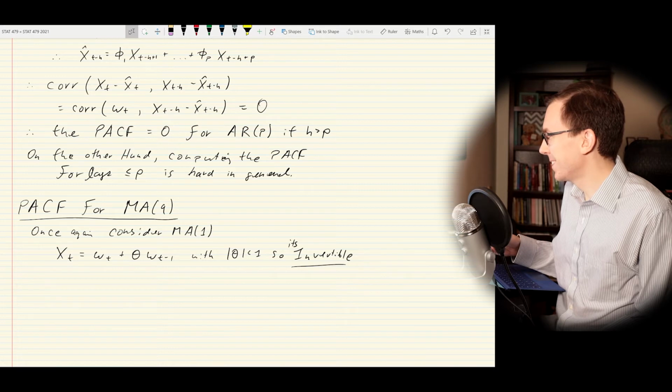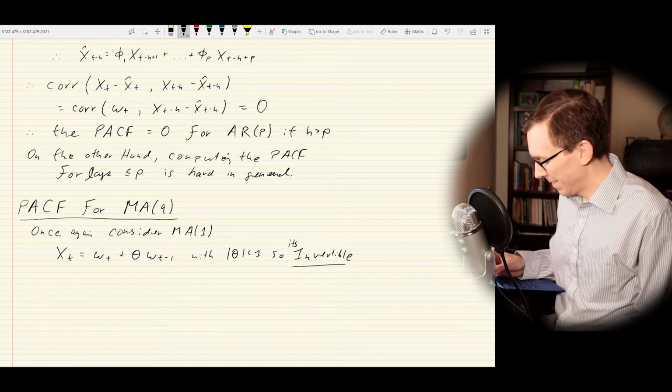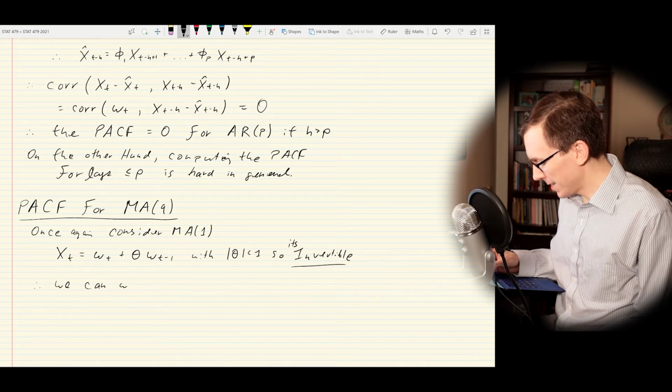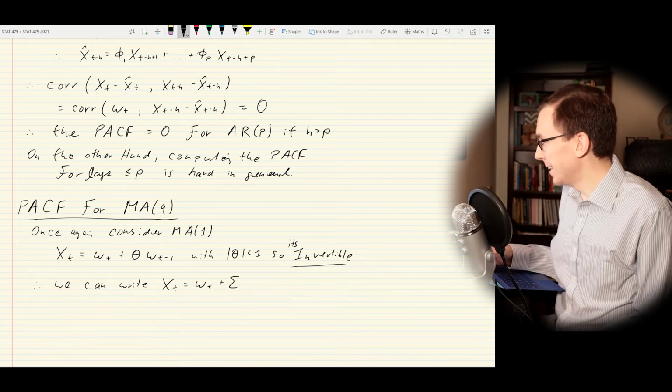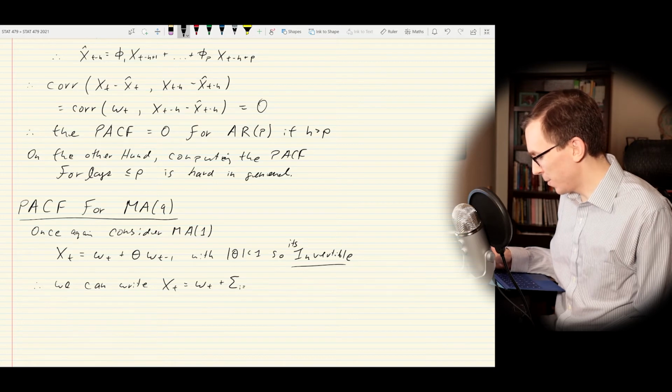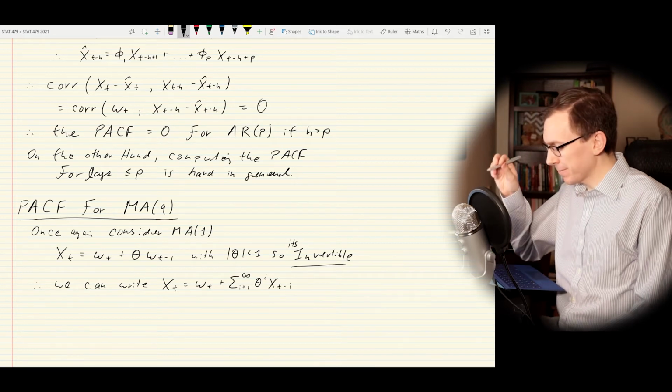Therefore, we can write x_t equal to w_t plus the sum from 1 to infinity of theta to the i x_{t-i}.